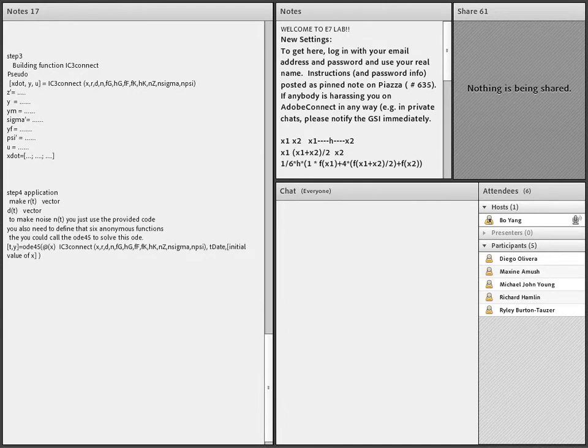So these three variables will not be changing variables. The only changing variable is x here, which is a 3 by 1 vector.